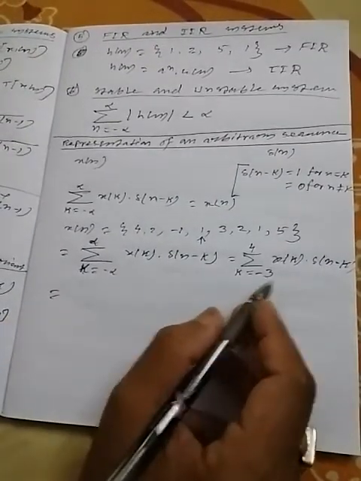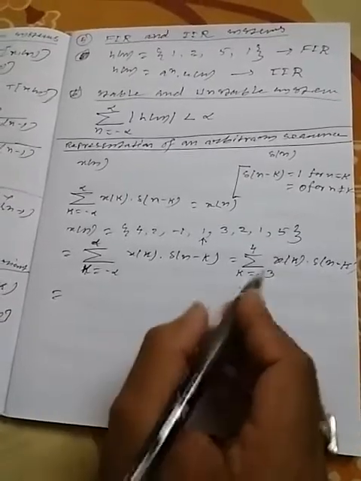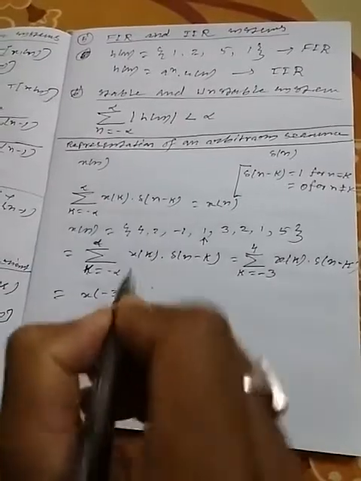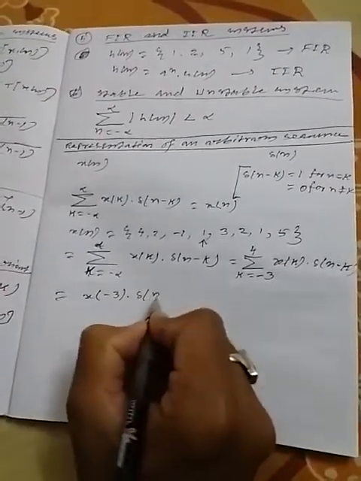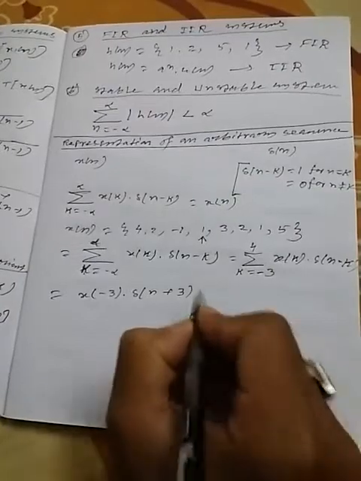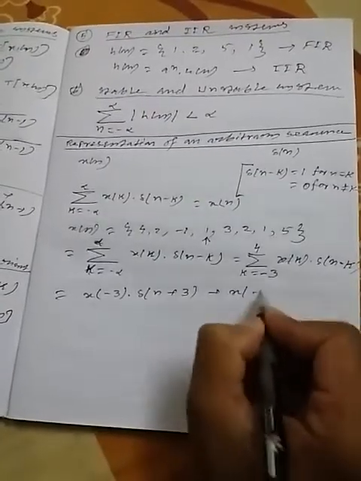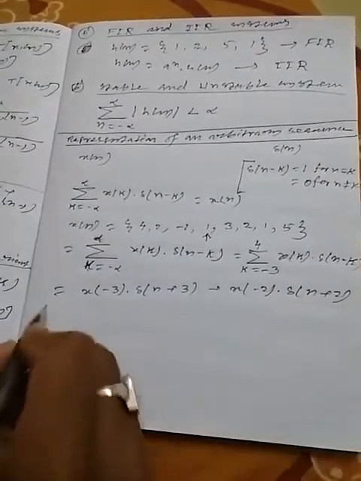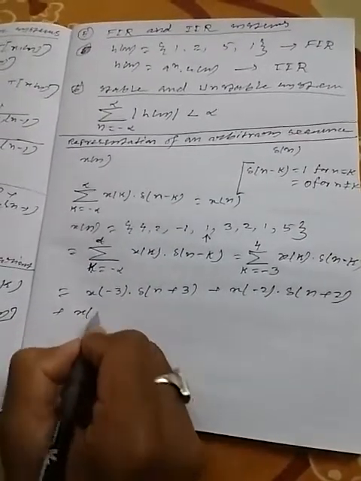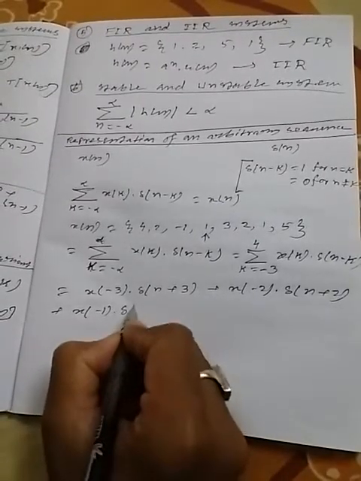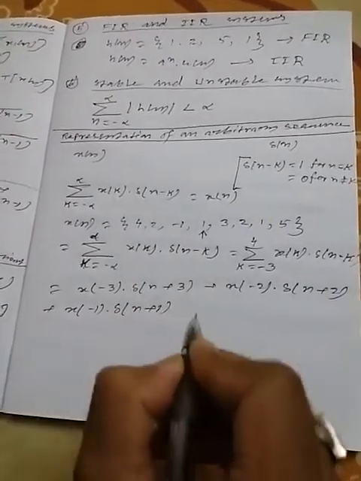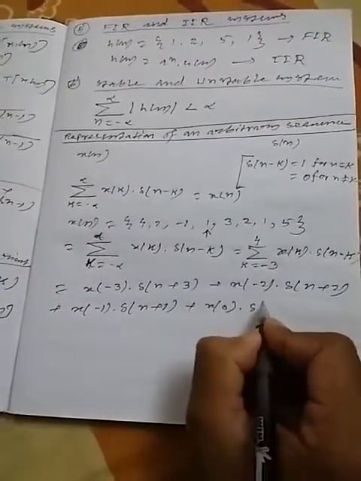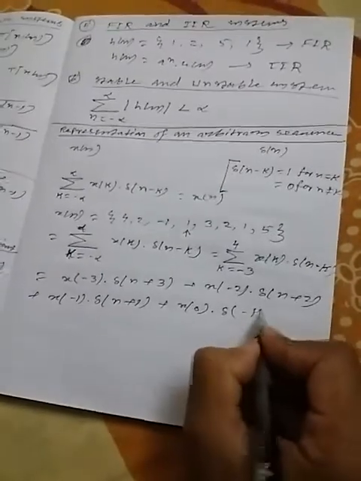So if we put k equal to minus 3, this is x[minus 3] into delta[n plus 3], plus x[minus 2] into delta[n plus 2], plus x[minus 1] into delta[n plus 1], plus x[0] into delta[n minus k].